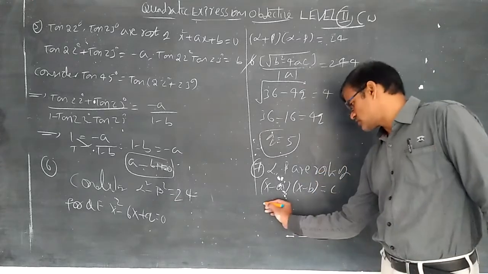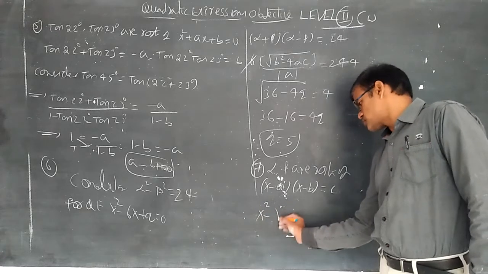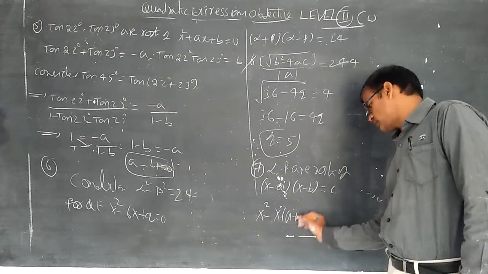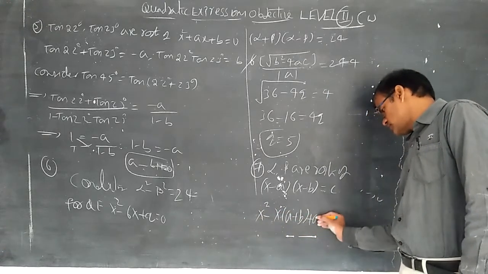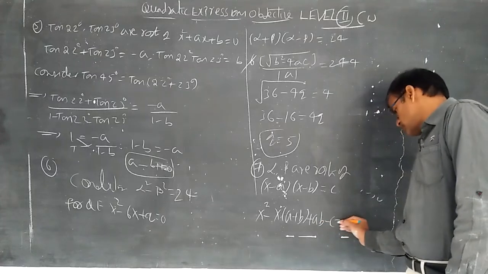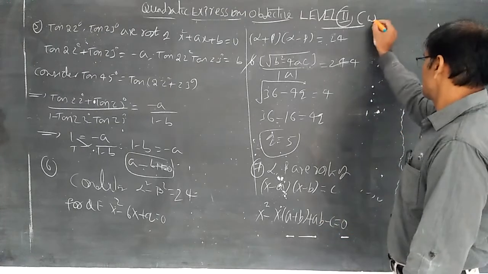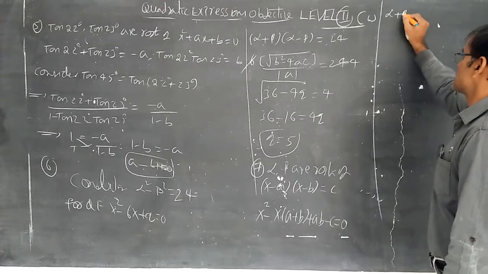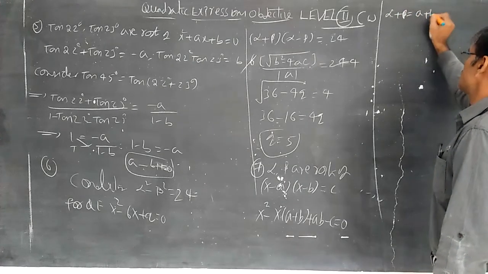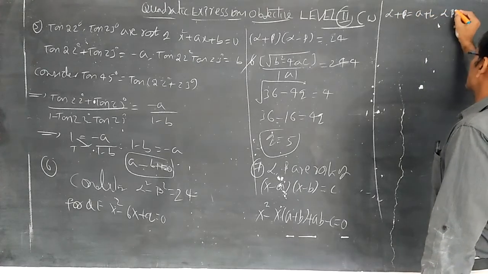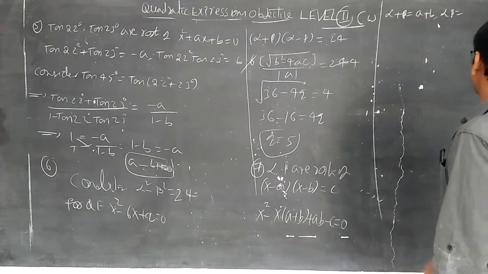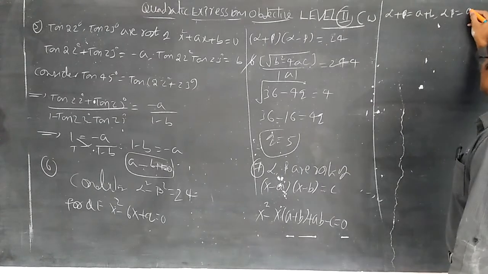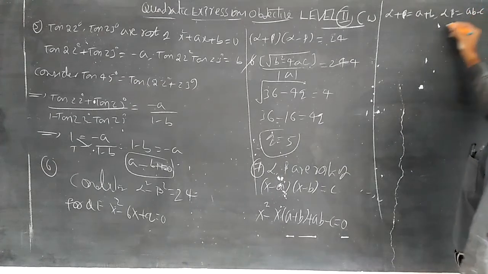Write x square minus x into a plus b plus ab minus c equal to 0. Now alpha plus beta, the sum of roots, is a plus b, and the product of roots alpha beta is ab minus c.